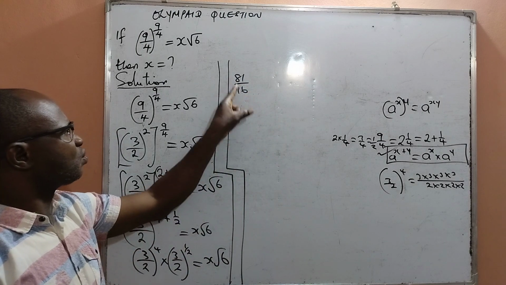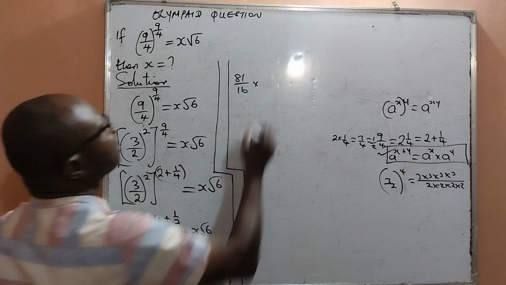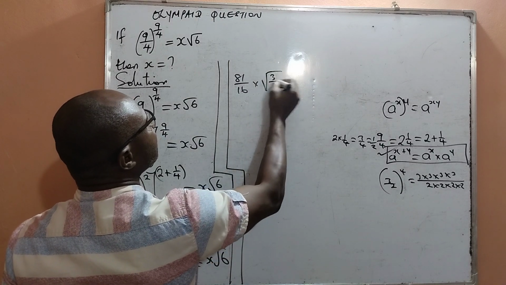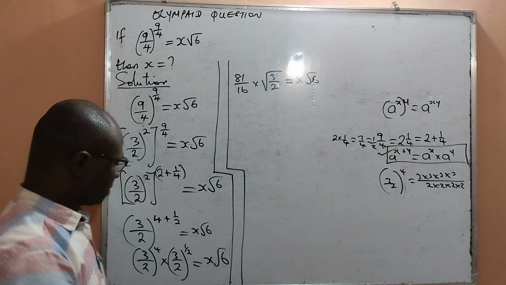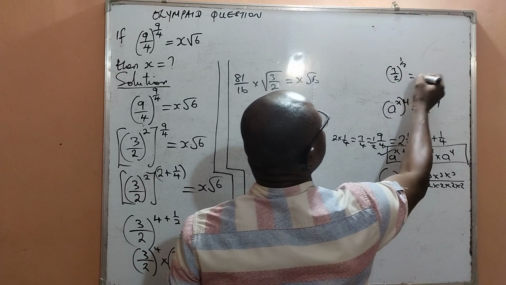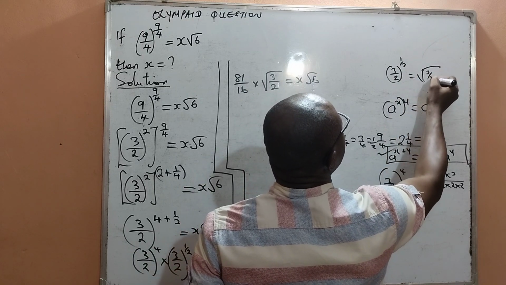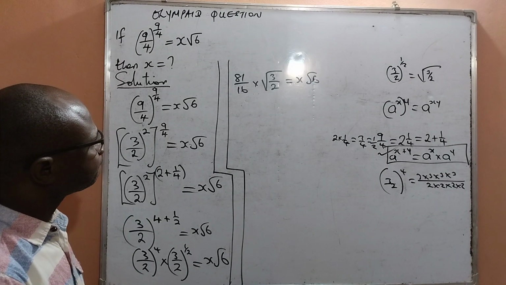That will give us 81 over 16. Then multiply by the square root of 3/2, equal to x root 6. Why? Because (3/2) to the power of half is equal to the square root of 3/2.